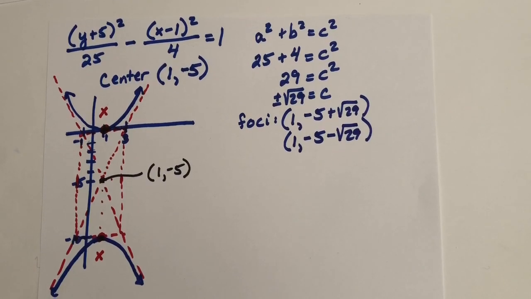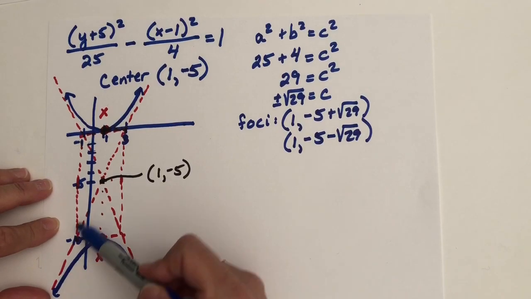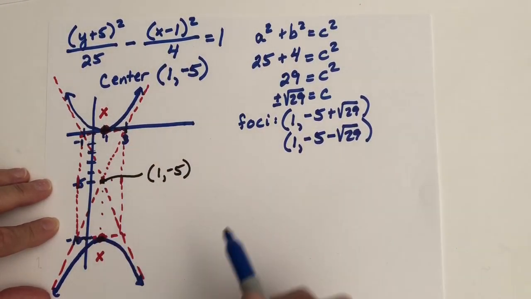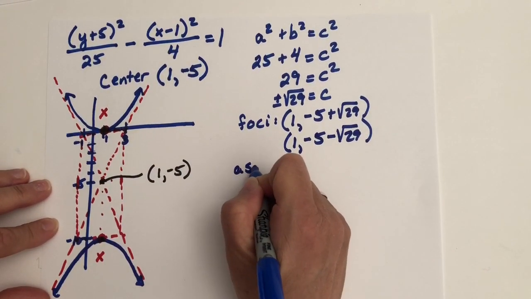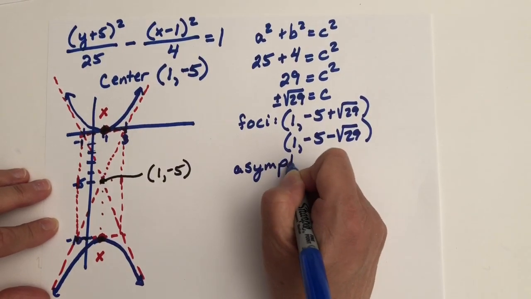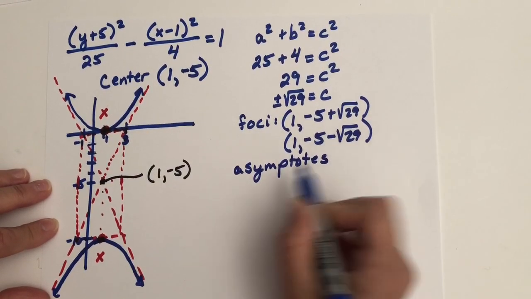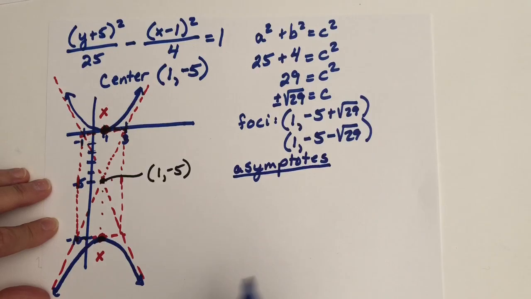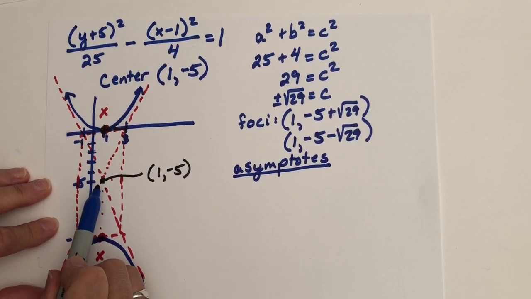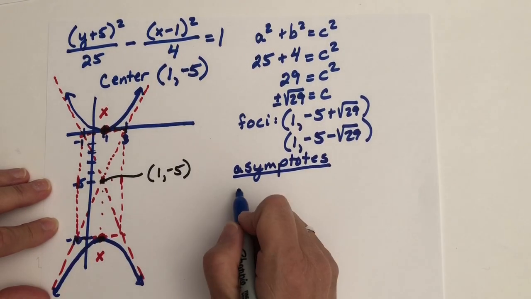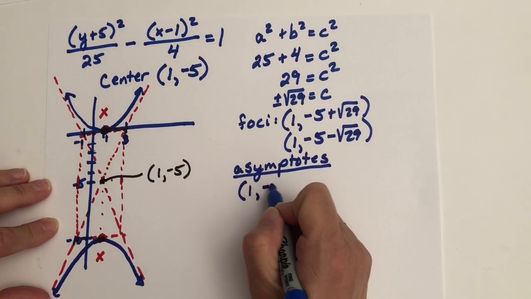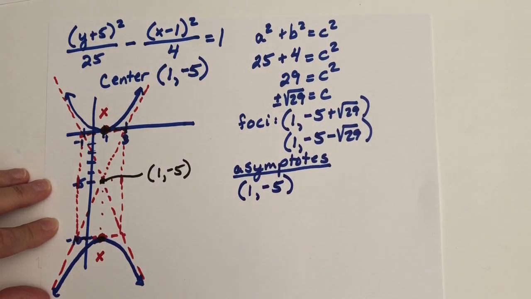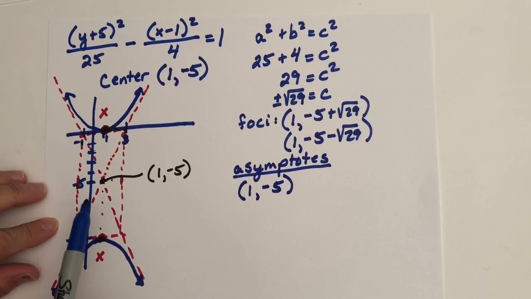And last, we're going to find the equations of these asymptotes right here. So let's write that down. So the asymptotes. We know that they pass through the center of the hyperbola. So they pass through the point 1, -5. And we also can see the slope.